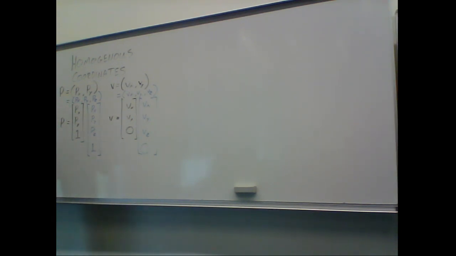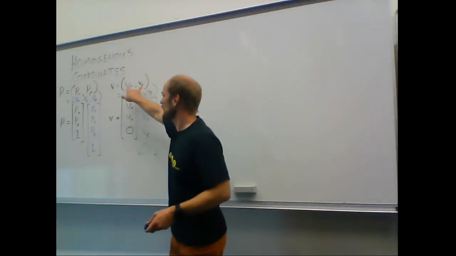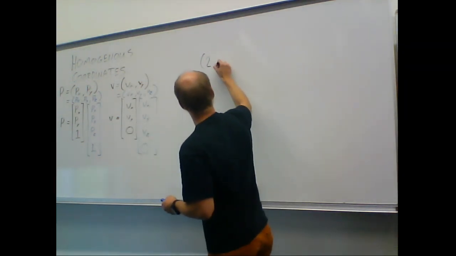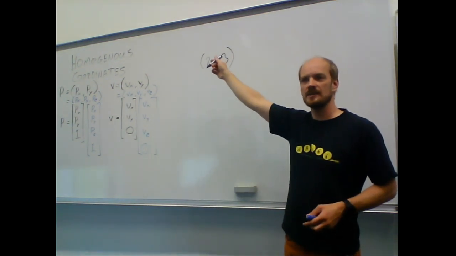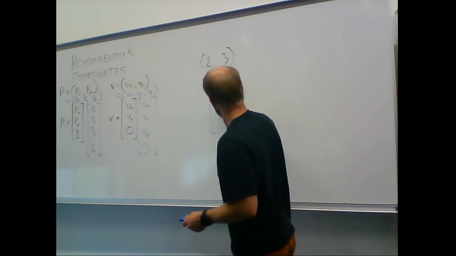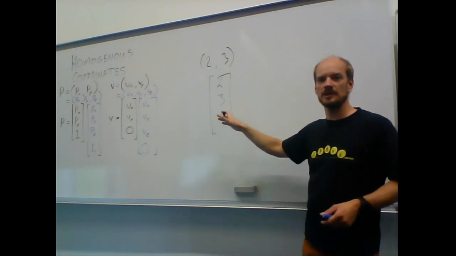So the only thing that we gain at this point is that I don't have to tell you whether these coordinates are a vector or a point. To put up coordinates 2, 3, I don't have to explain whether it's a point or a vector. I can simply say, if we have these coordinates for a calculation, this is a point.